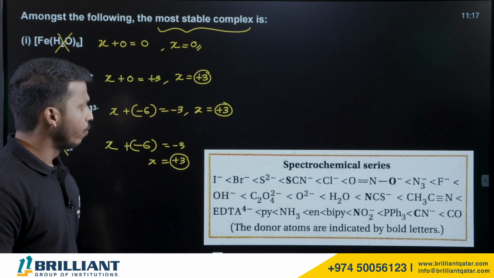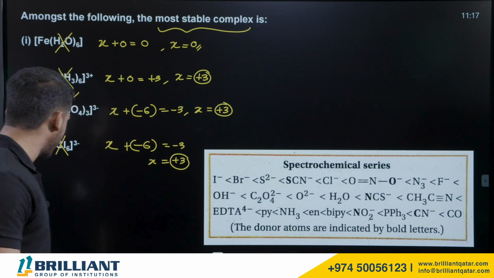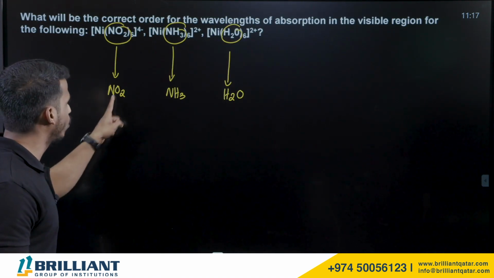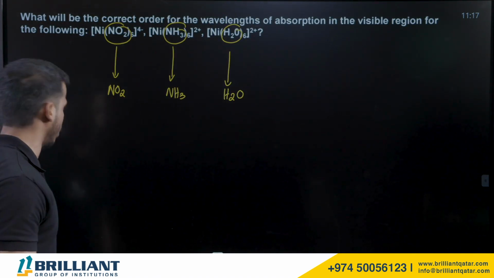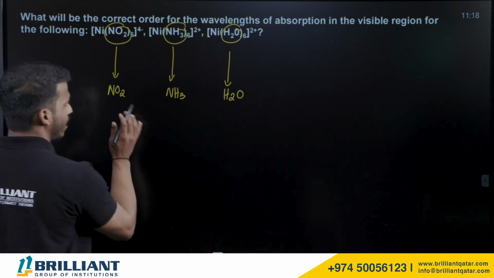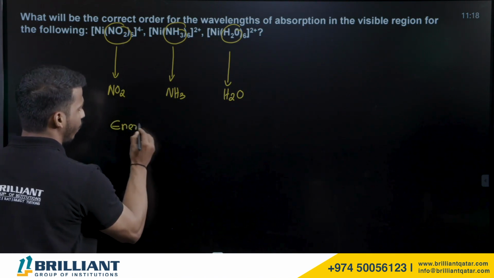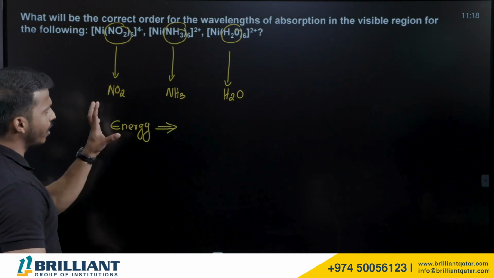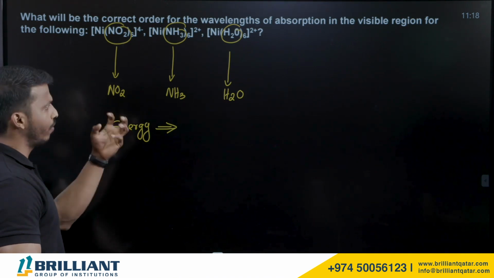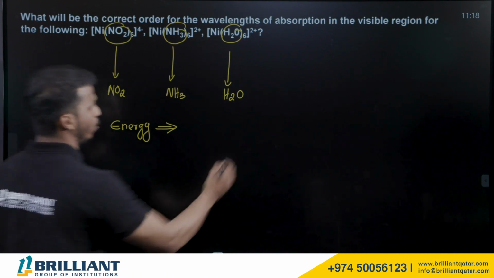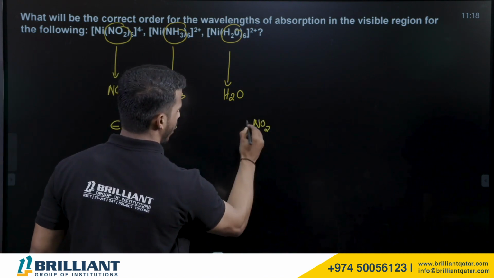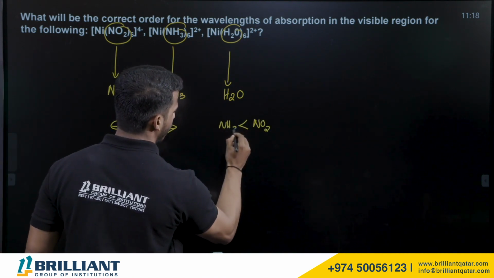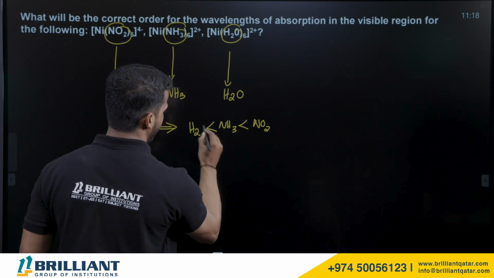Okay, fine. Which ligands are we discussing in the previous question, dear all of you? NO2, amine and water. Dear student, as per their crystal field splitting energy order, I can say the strongest one, or highest crystal field splitting power, is for NO2, after that ammonia and then water. Water is a weak ligand.